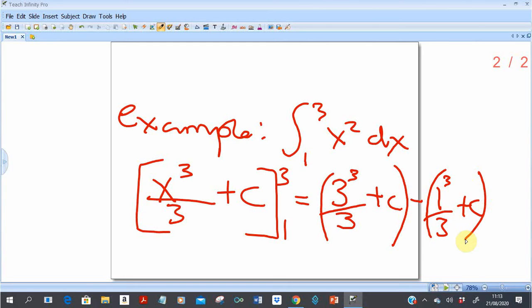Okay, so that is what happens to the limits. We replace x with the limits.